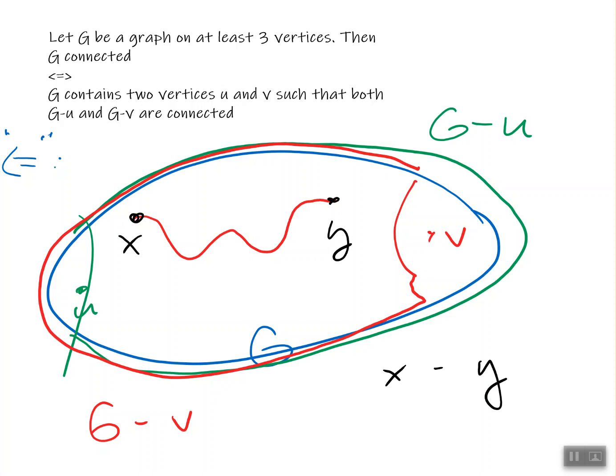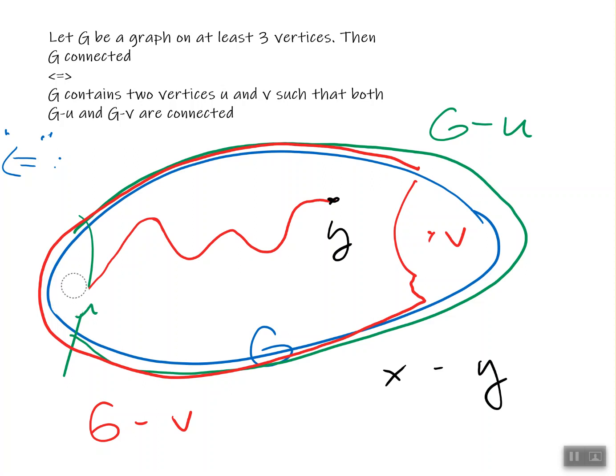The second case, if x here actually is U, we can make the same argument. We just look at the path that exists in G minus V, and this is our path in G.